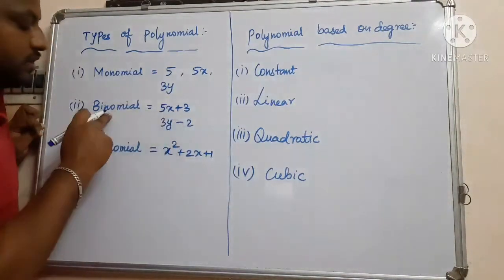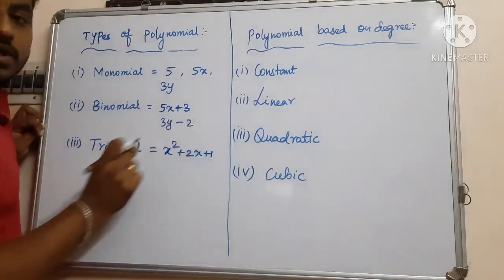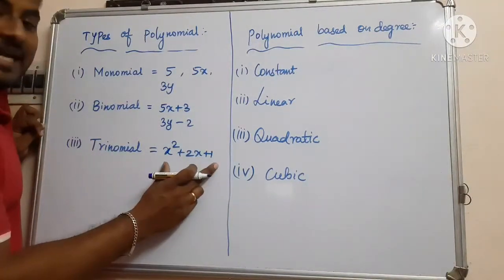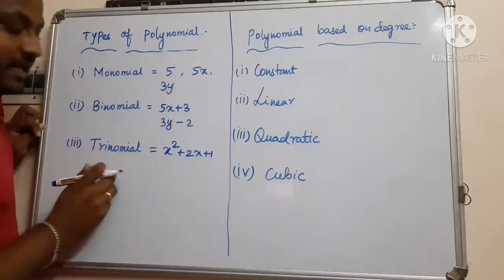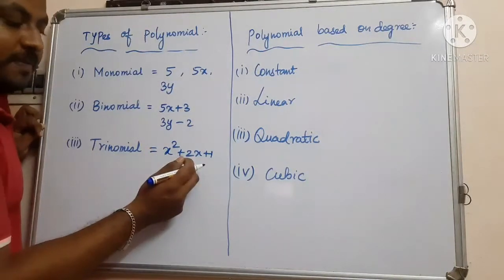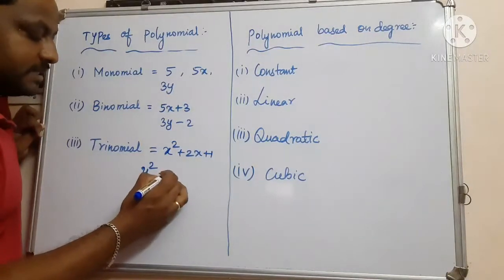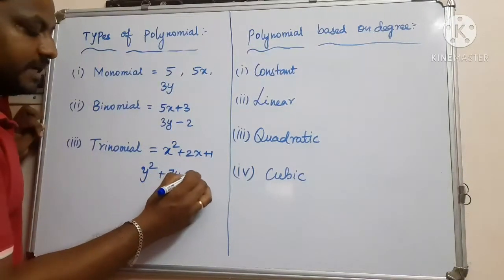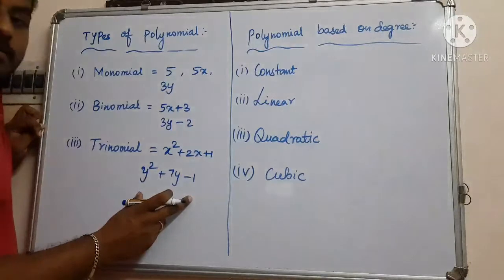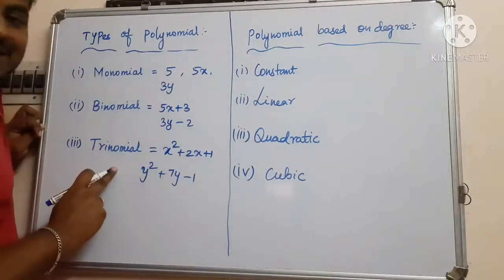This is also a binomial, having two terms. And then trinomial means having three terms. For example, x square plus 2x plus 1, or y square plus 7y minus 1. This is also a trinomial polynomial because three terms are there.